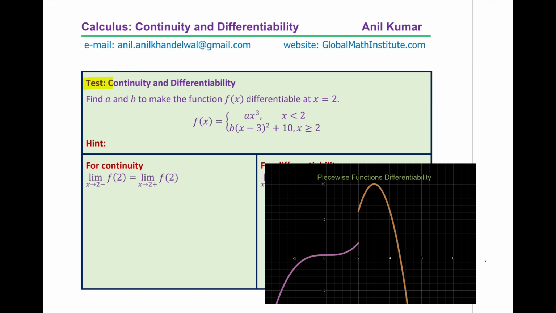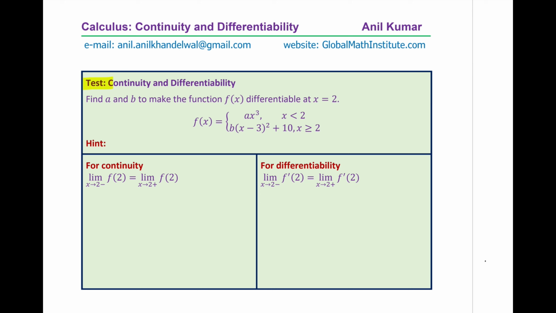The second one is that the limit of the derivative of the function should exist. Find the derivative of the function and then find the limit at 2, and that should also exist. That will give us a second condition, and so you will get the values of a and b. So I hope that helps. So with this, we'll end this video.